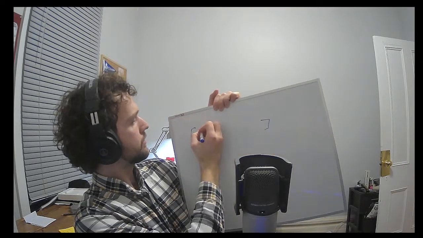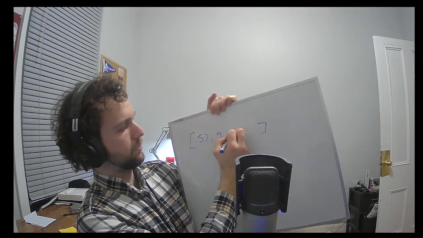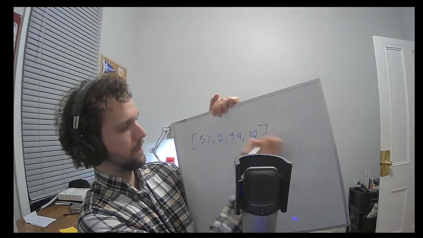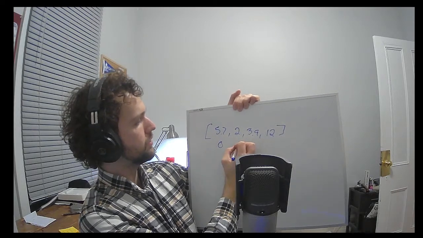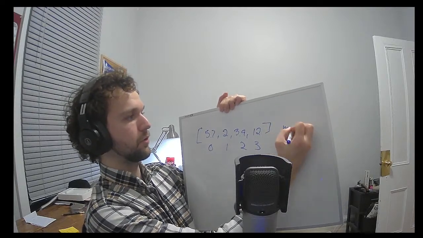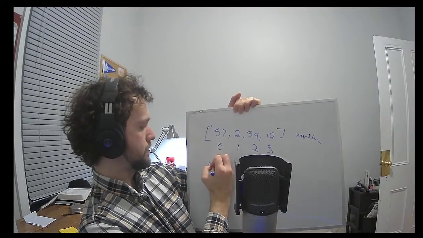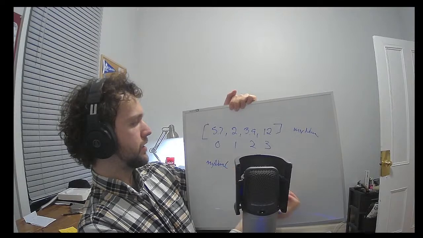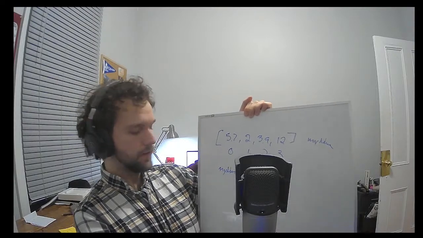Say we added a 5.7, a 2, a 3.9, and a 12. This is our array. It has 4 numbers in it, and they're indexed from 0, 1, 2, and 3. So say we have this array called mynum. We can call the different values in here by saying mynum and then the index of what we want, which is 1, and that's going to be equal to 2. And so arrays are just a way that you can hold a multitude of a certain kind of data type.